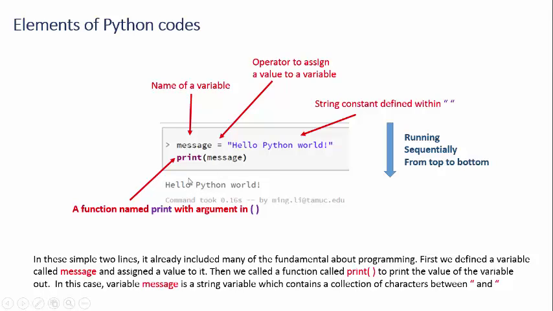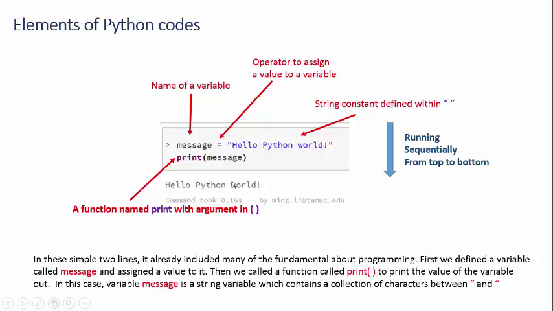And print basically asks the computer to show me what is the content within a particular variable. So we can see that in this notebook fashion, print is an internal function in Python. It is highlighted in purple color, and there are parentheses, and the argument is inserted between the parentheses.